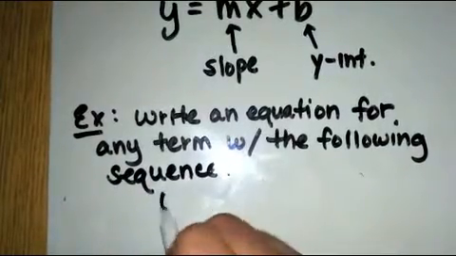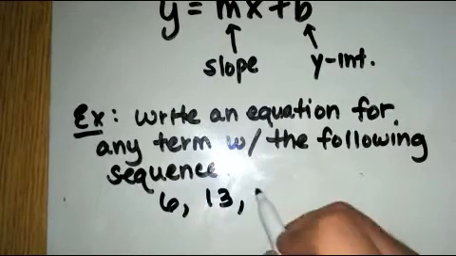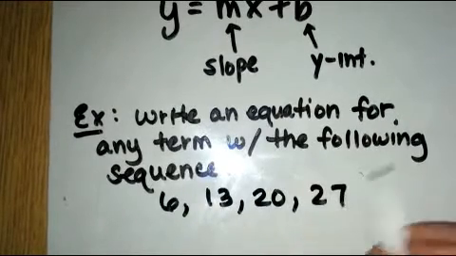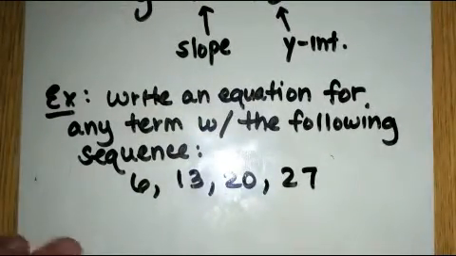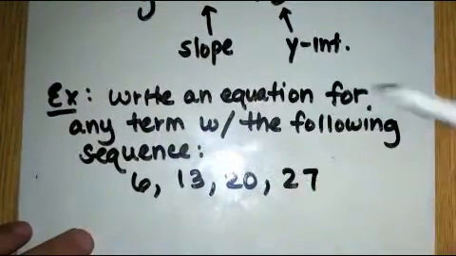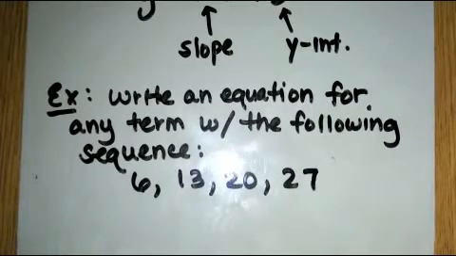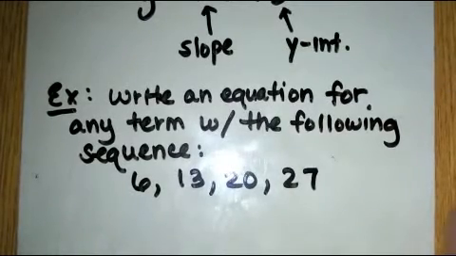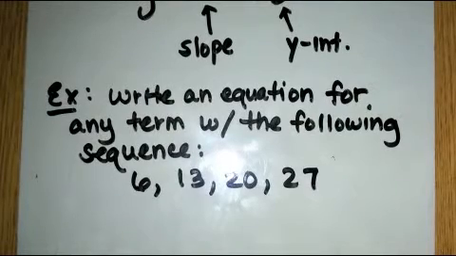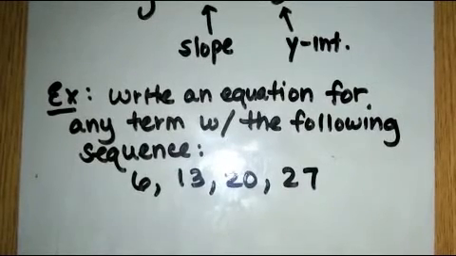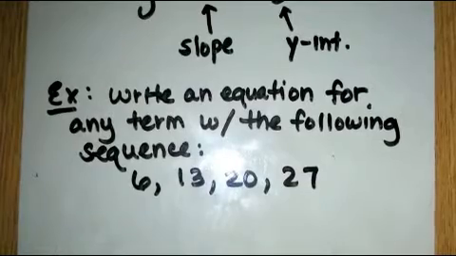Okay, so we've got 6, 13, 20, and 27. So write an equation for any term. Now the formula that we used just a few moments ago was to find a specific term in the sequence. Now this equation, if I was to use this and apply it, I should be able to get any term in the sequence that I wish.